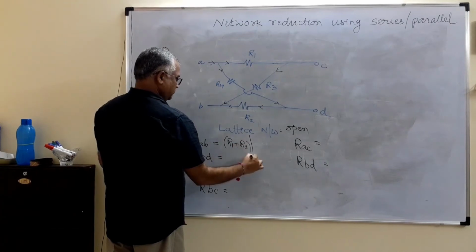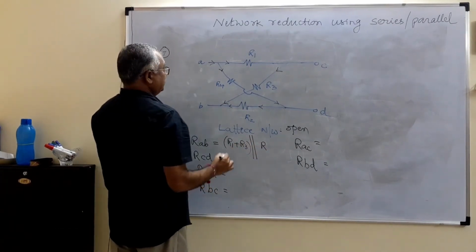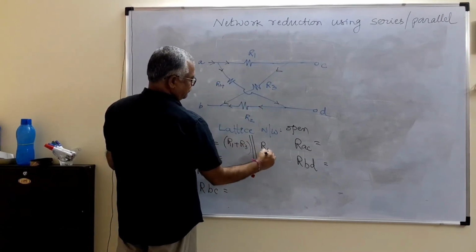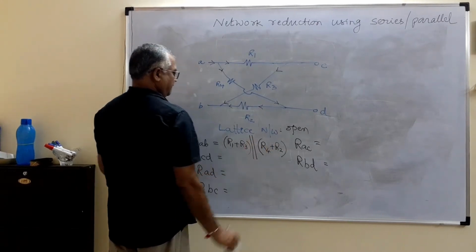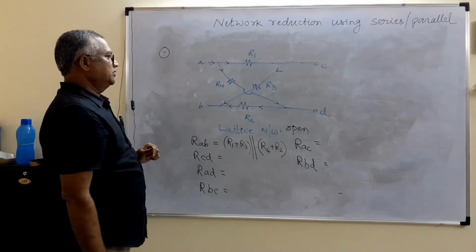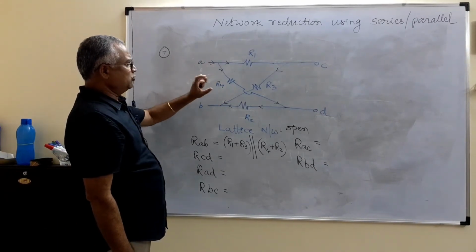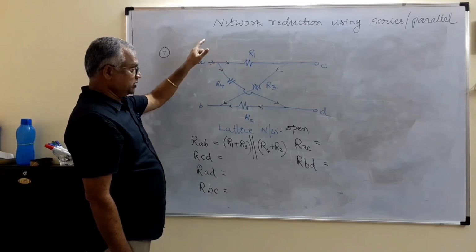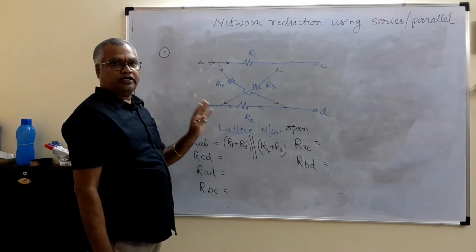So this value is parallel with R1, R3, then R4, R2. Like this we have to answer. Parallel thumb rule: where current is dividing, those currents where they are combining, between those 2 points they are in parallel.